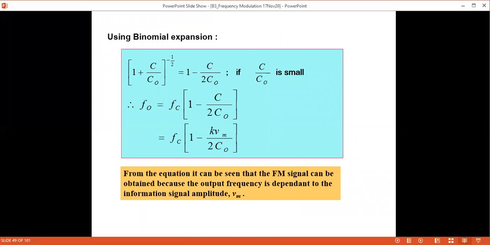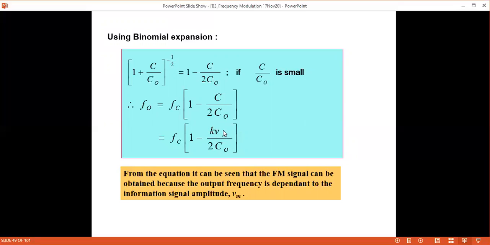The term 1 plus C over C naught to the power of minus half can be represented based on binomial expansion, which is 1 minus C over 2 C naught, if C over C naught is small. By assuming this relationship, F out is then equal to FC times 1 minus C over 2 C naught. And then C is equal to kVm.